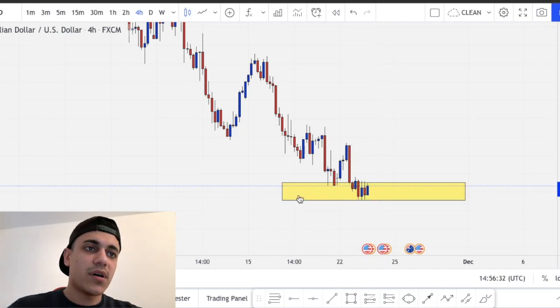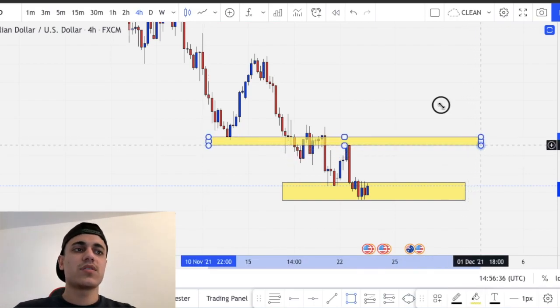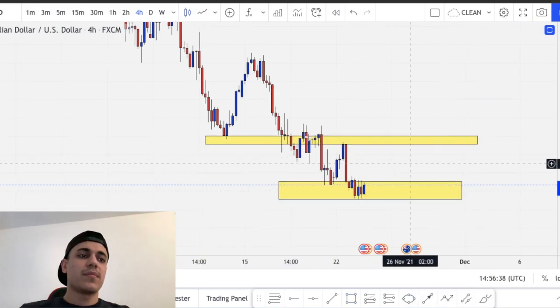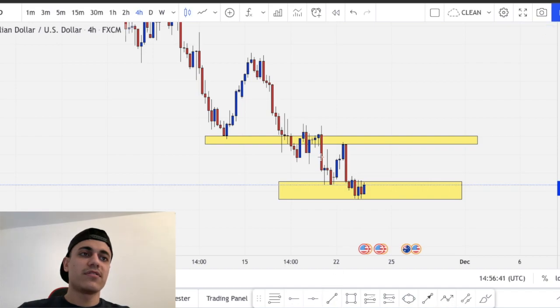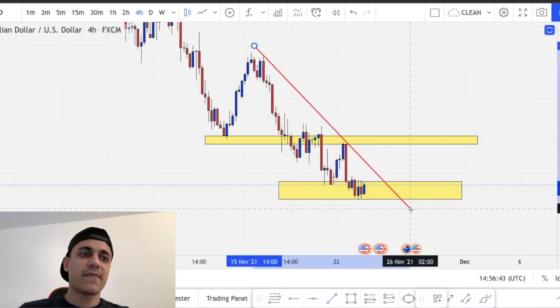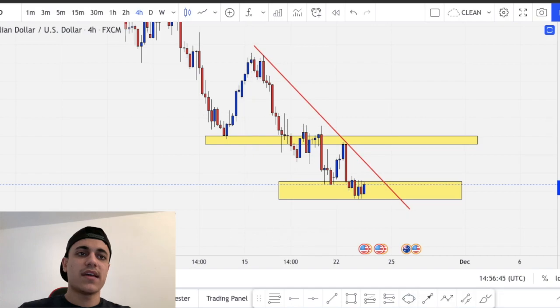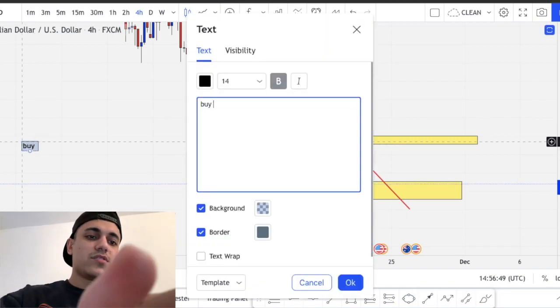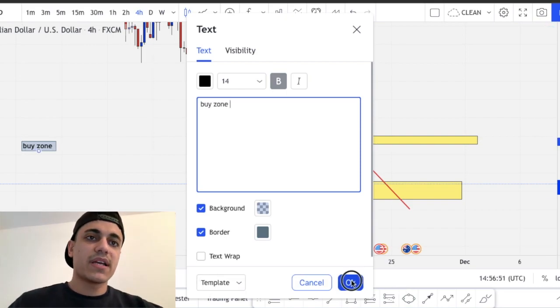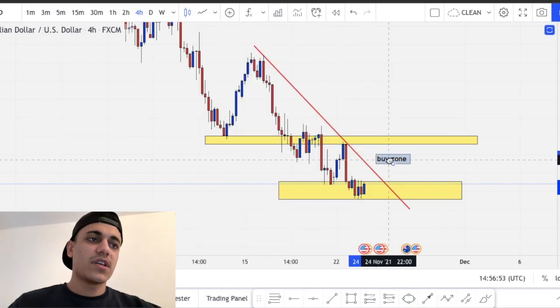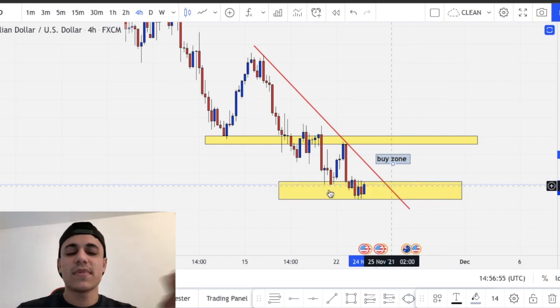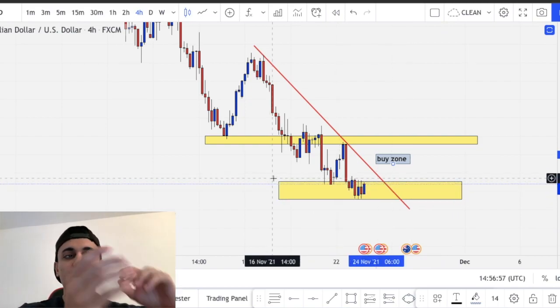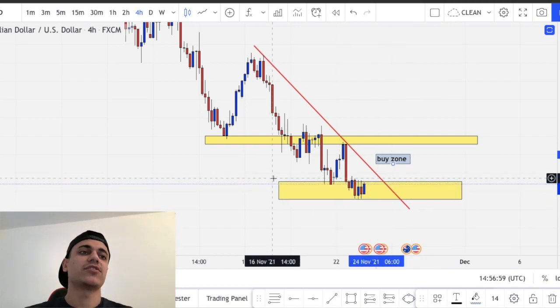So I'm gonna wait for this to be broken, because if you look closely, we have a downtrend. Look at that. And we can say buy zone. So as soon as it breaks this trend line, I'm buying in. Well, not straight in, but I'm gonna wait for a retest, and so on.